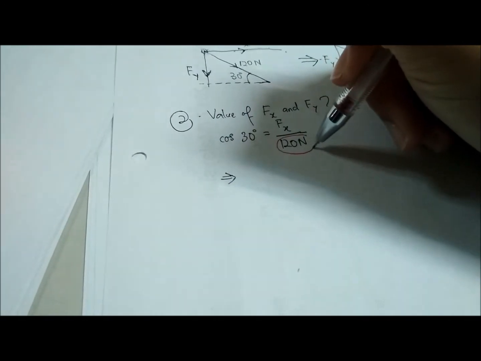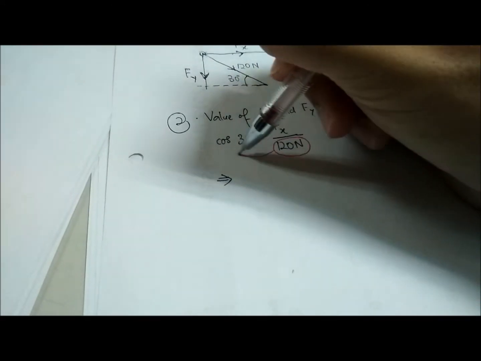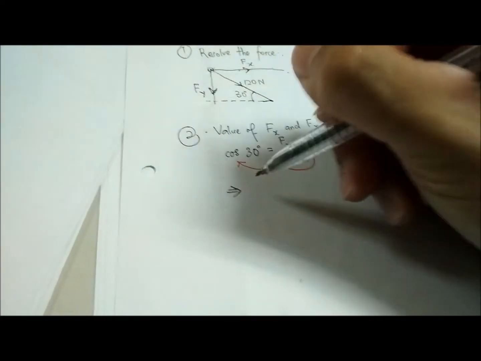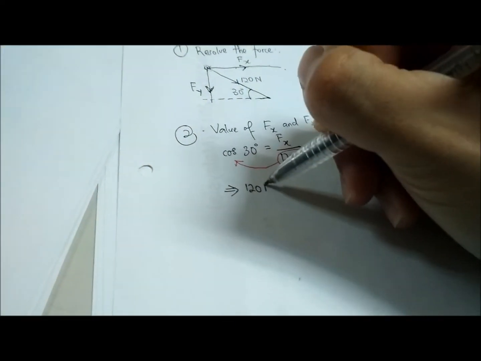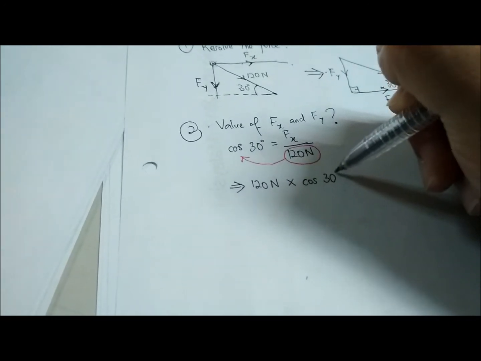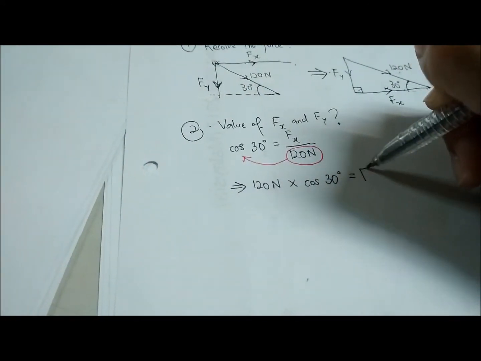We move 120 Newton to the other side, so you will get 120 Newton times cos 30 degrees equals Fx.